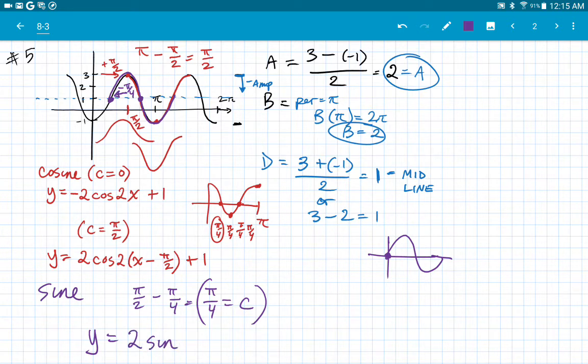Sine of the b value is always going to stay the same, so 2x, and then since normally my sine graph would have looked like this, however now it's shifted over to the right, I'm going to have minus pi over 4. And then again, my graph goes up 1, so I have plus 1, like that.